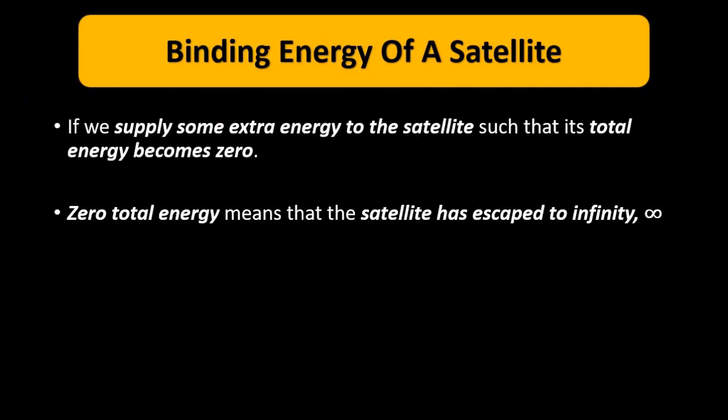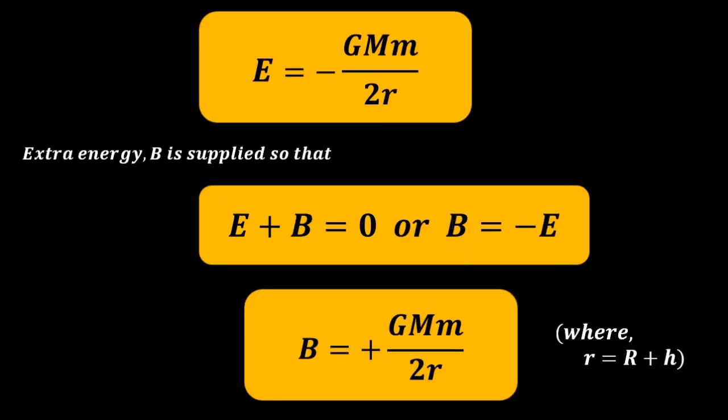Again, we have to draw some concepts from the previous things that we have studied: the gravitational potential energy, and then the kinetic energy because of the orbital motion, combining them together to give the total energy, and the opposite of the total energy is the binding energy. Equal in magnitude, opposite in sign.